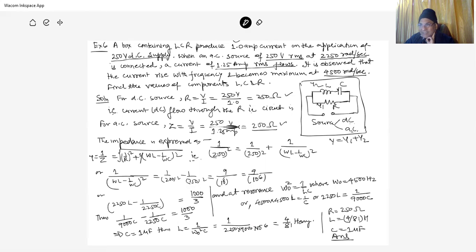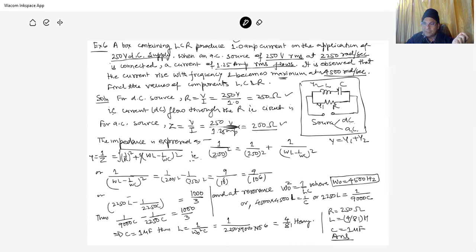Because at resonance omega squared is 1 by LC, where omega is 4500, because it is given that 4500 is the maximum. So the frequency at which the current becomes maximum is the resonance condition. So in the resonance case, 4500 into 4500 into L is equal to 1 by C.